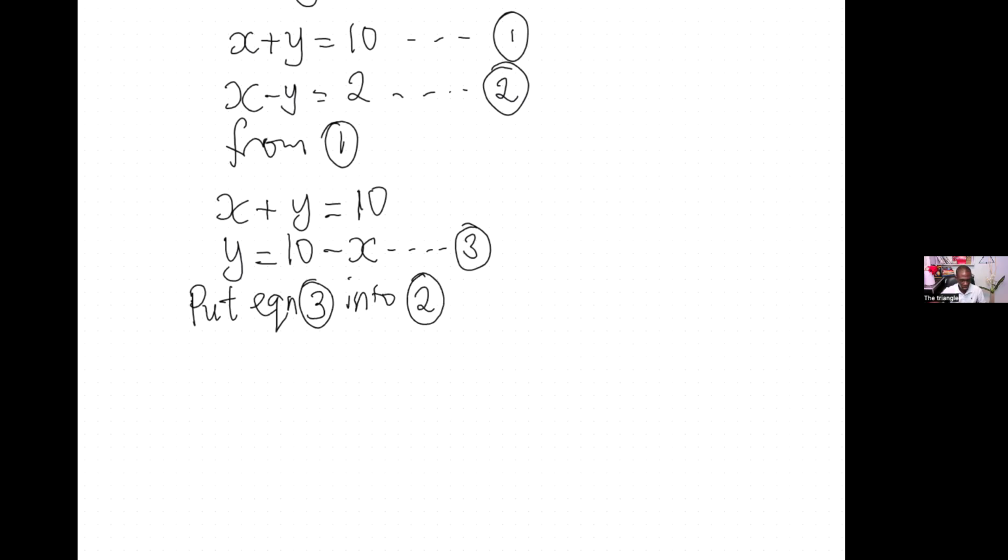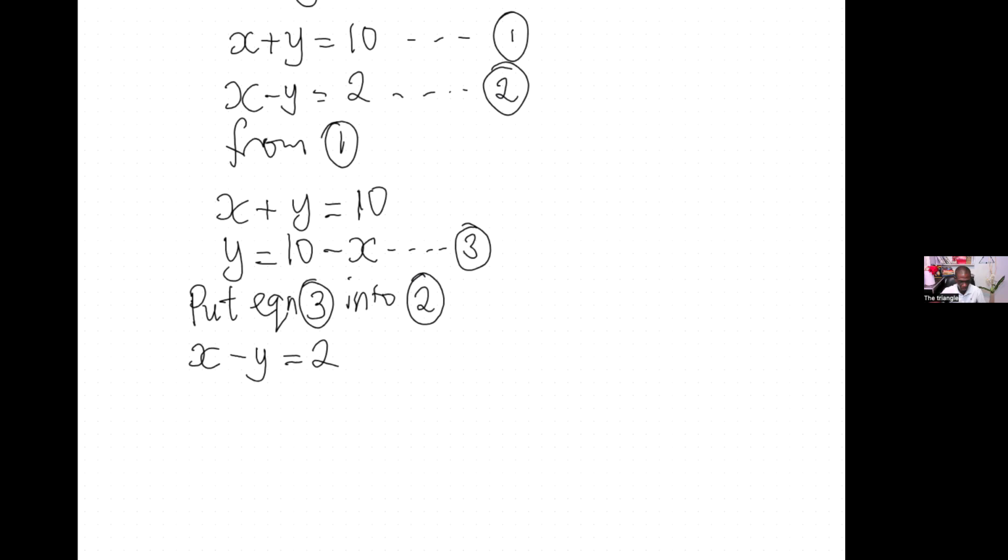And what is our equation 2 here? We have x minus y equals 2. Now, in place of y, we'll infuse the value of y there, which is 10 minus x. So we'll substitute 10 minus x for y.